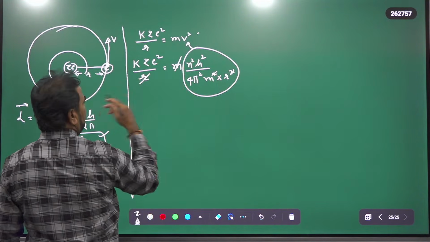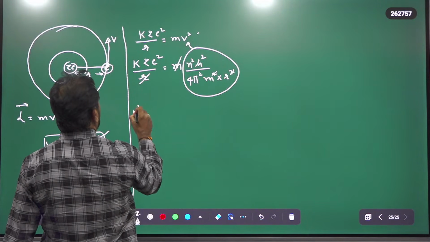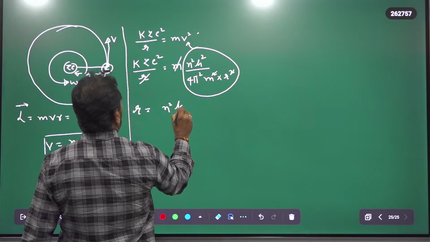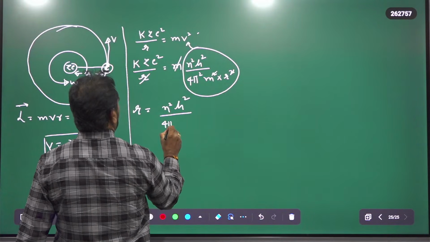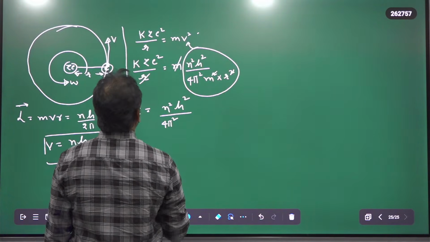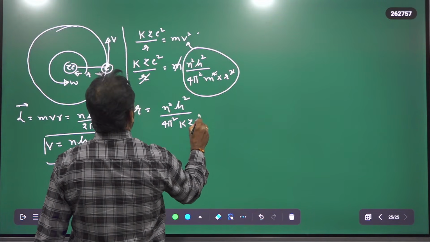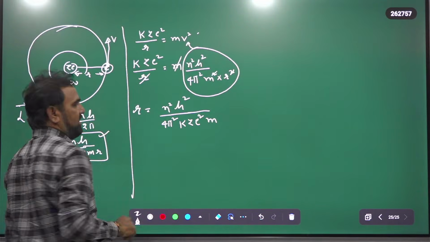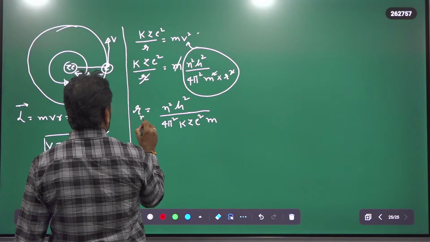So from this you will get the r value. What is the value of r? r is equal to n square h square upon 4 pi square k Ze square into m. This is the radius of the nth orbit. This is what I am writing here, Rn.